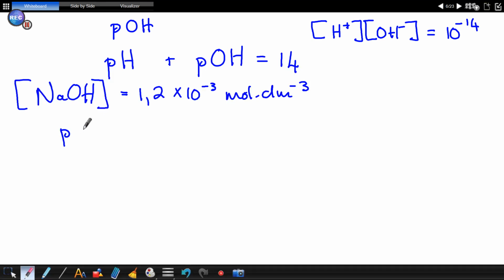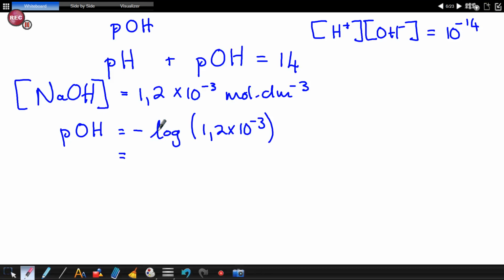What is the pOH of this? Negative log 1.2 times 10 to the minus 3. Go for it on your Casios. You don't take the negative.